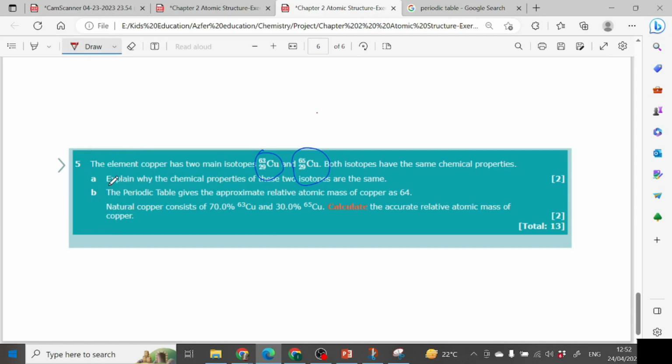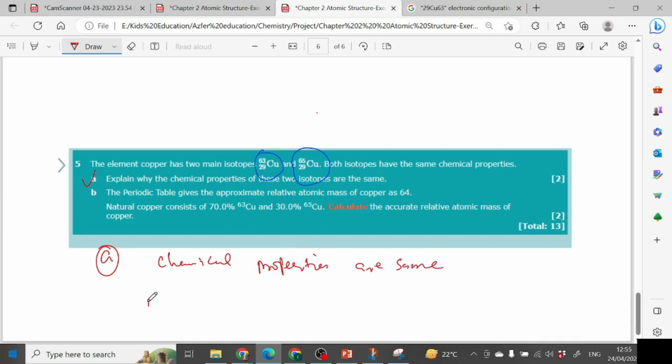Both isotopes have the same chemical properties. Explain why the chemical properties of these two isotopes are always the same.